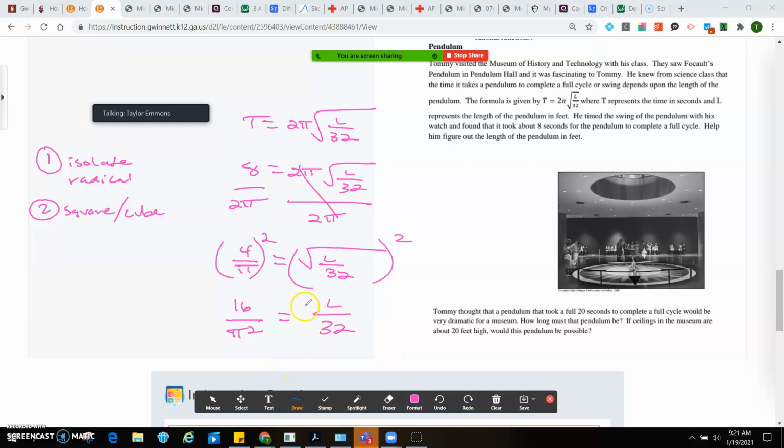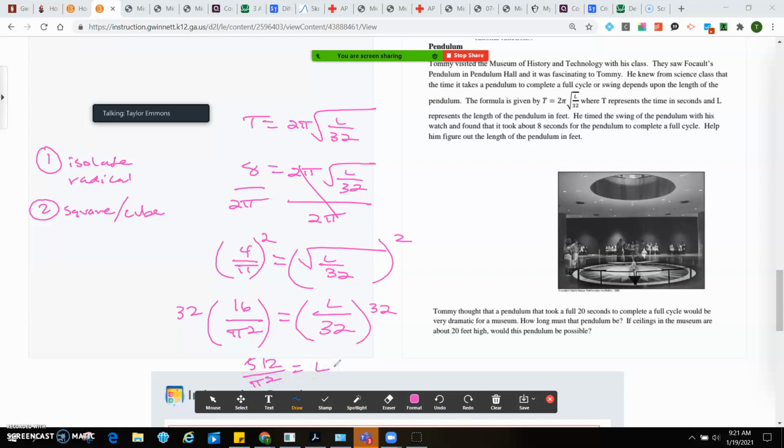And then we're going to multiply by 32 on both sides. Okay, and when we do that, we've got 16 times 32, which is going to give us 512 divided by pi squared.